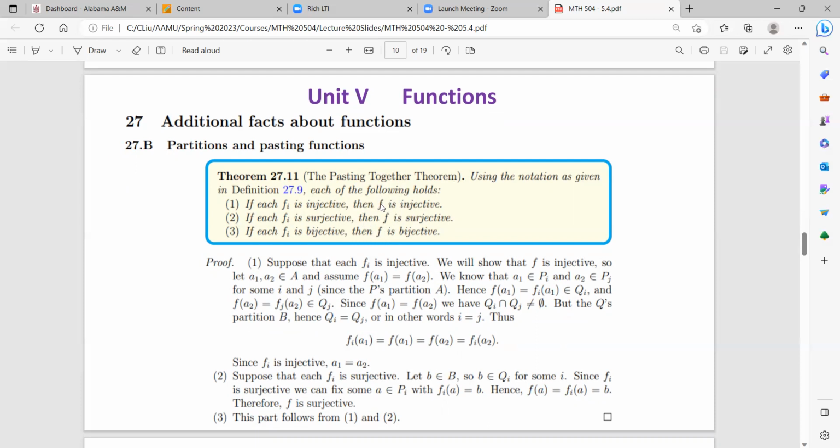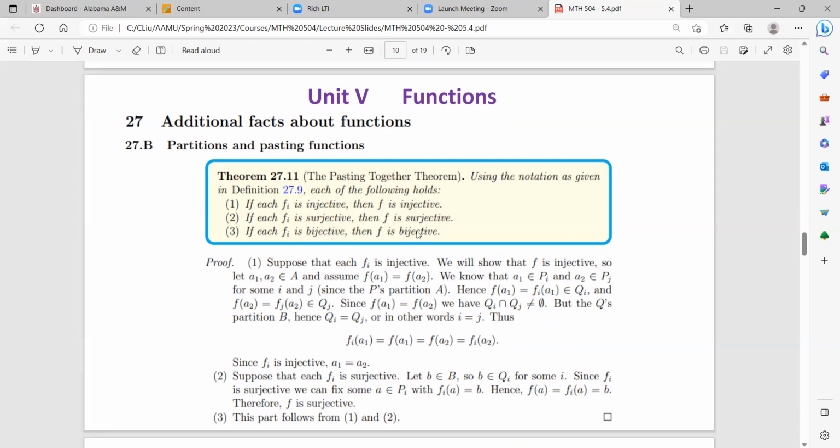Essentially, this theorem says if each of these fi is injective, then the whole pasting function f is also injective, and if each fi is surjective, then f is surjective, and if each fi is bijective, then f is bijective also.